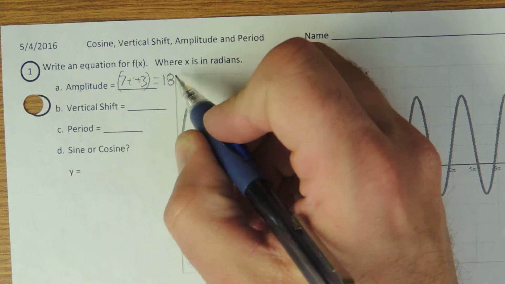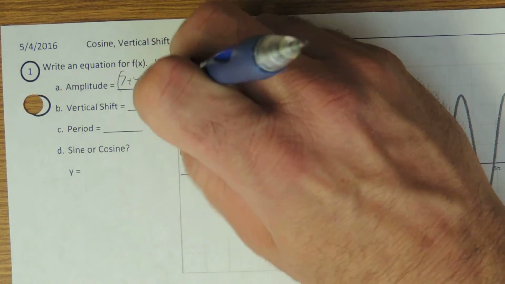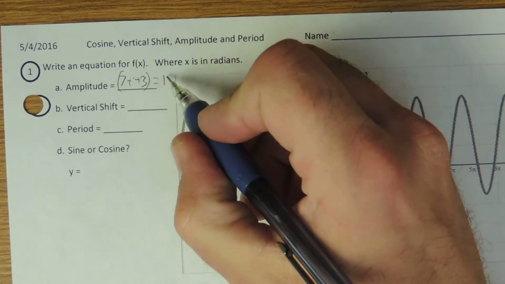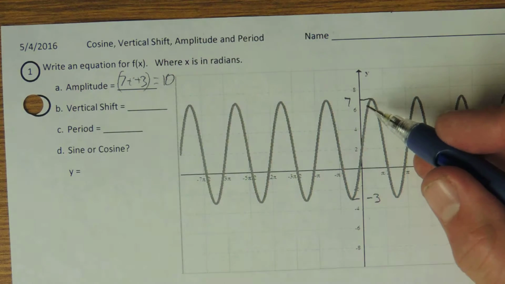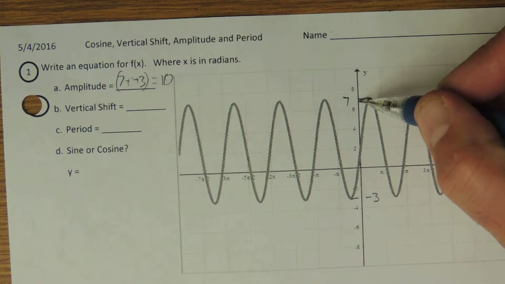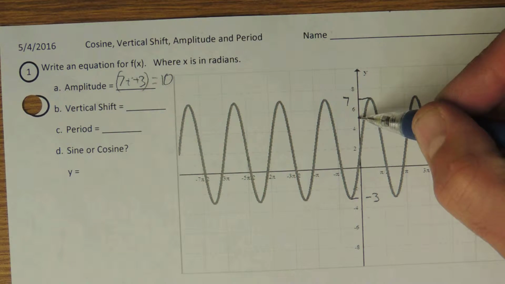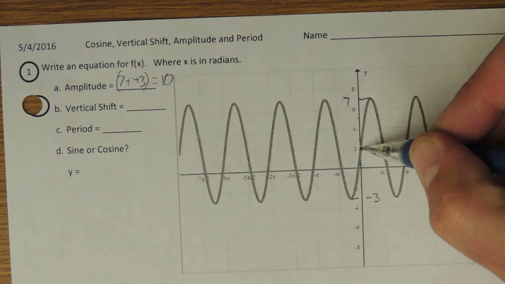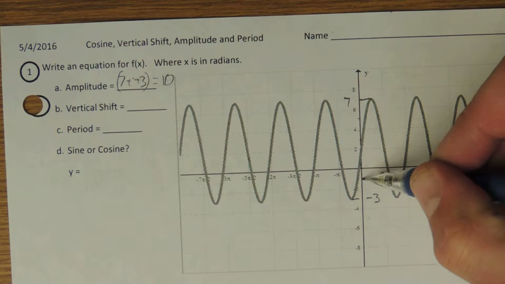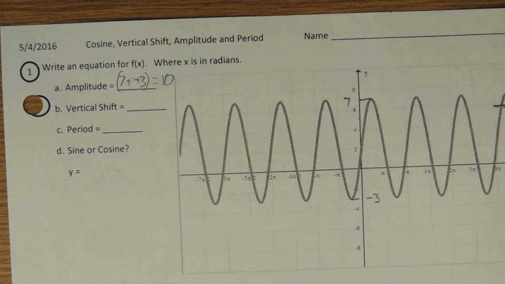If that doesn't make sense, you can either put that in your calculator or go back to the graph and just count. 7 to 6 is 1, 2, 3, 4, 5, 6, 7, 8, 9, 10.